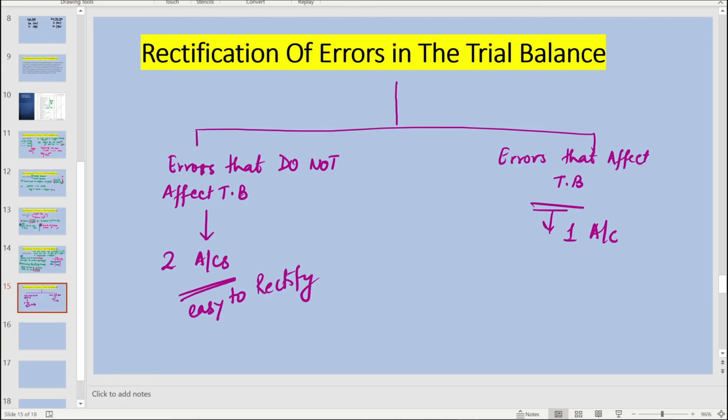He has written cash received, but he has forgotten to make an entry in the ABC account. So only one account is affected. In such a case, we open a suspense account and rectify this error. This is what I wanted to introduce. It can be either debit or credit according to the error made.